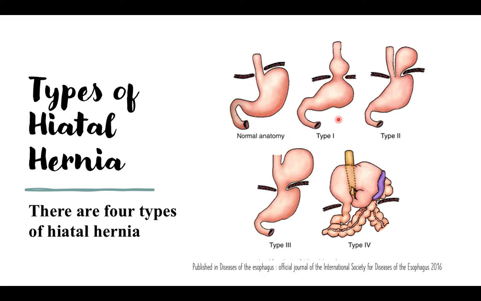Then we have the second broad type, paraesophageal hernia, which has subtypes: type 2, type 3, and type 4 all come under the heading of paraesophageal hernia.